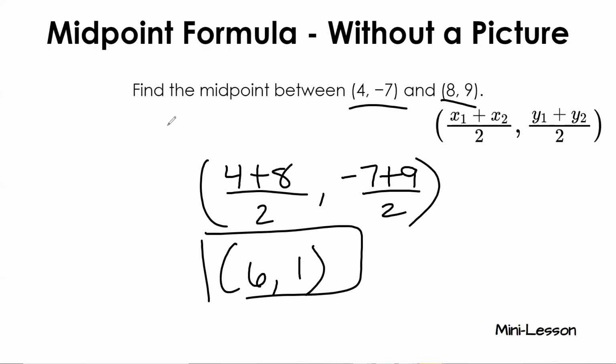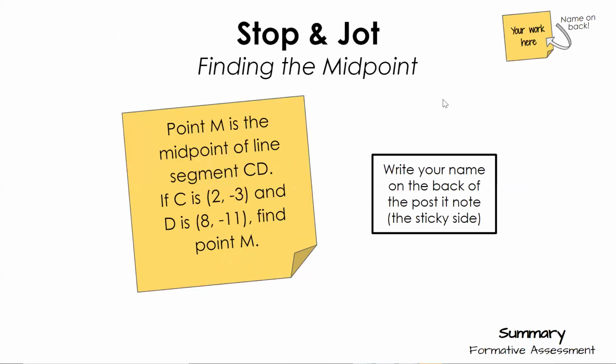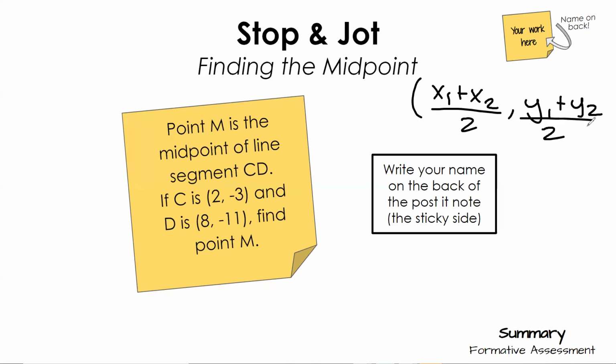Cool? All right, let's do one more check really quick. Okay. All right, I'm going to give you a sticky. Remember the formula is x1 plus x2 divided by 2. And then y1 plus y2 divided by 2. Yes, you'll be given that formula, but it's easy to memorize. This will be x1, y1. This will be x2, y2. Why? Because it's listed first and then it's listed second.